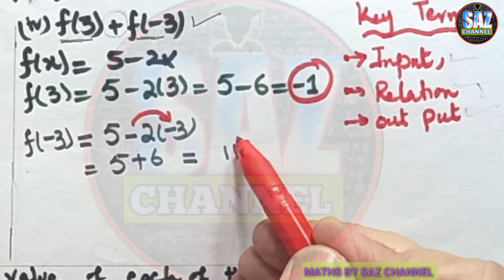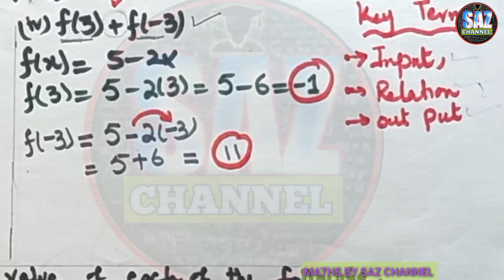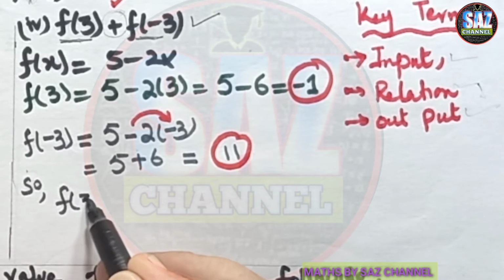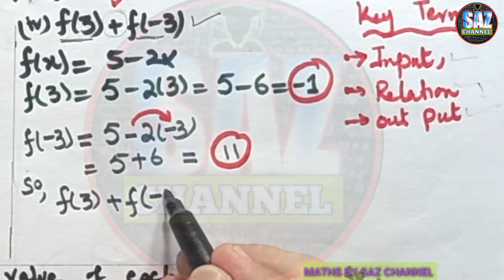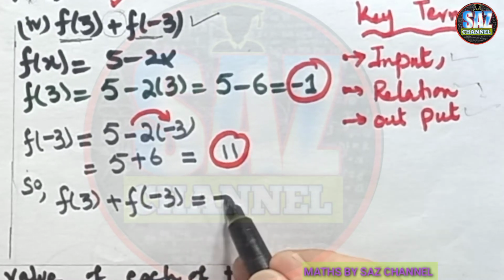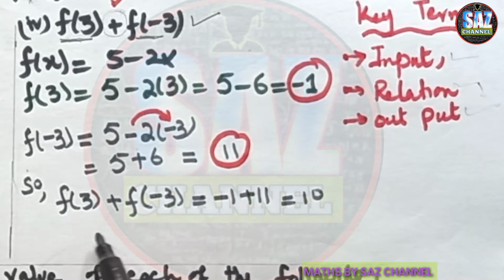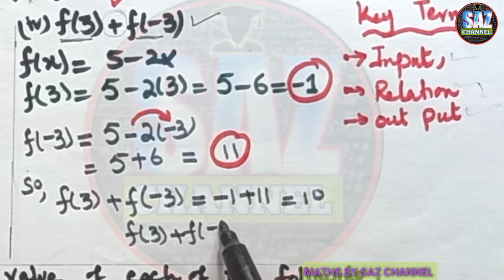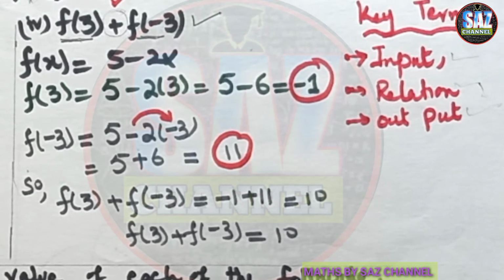Now if we look at the main operation of the question, that is plus, that means we have to add up these two values. So f of 3 plus f of minus 3 will give me minus 1 plus 11, which is equal to 10. So f of 3 plus f of minus 3 equals 10. I hope you are clear about this question.